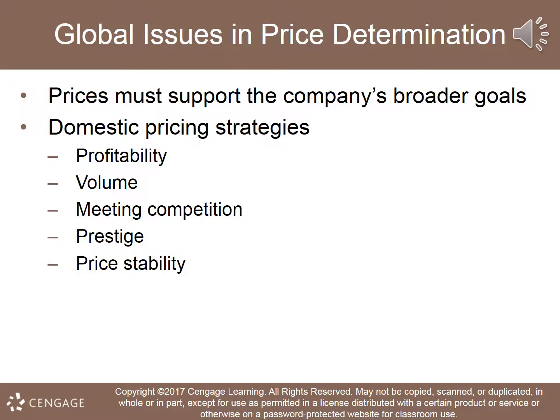The pricing objectives used by a global firm are the same as those used generally: profitability, volume, meeting competition, prestige, and price stability, although achieving them is a bit more difficult. For instance, price stability is hard to maintain in a global market because events like wars, terrorism, economic downturns, changing governments and political parties, and shifting trade policies can significantly alter prices.